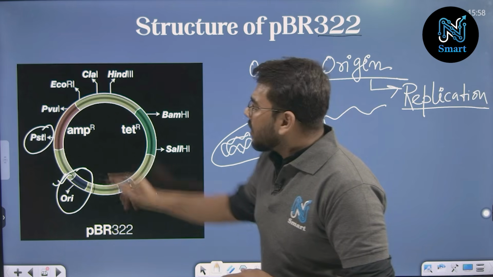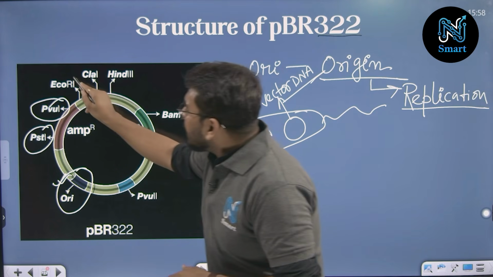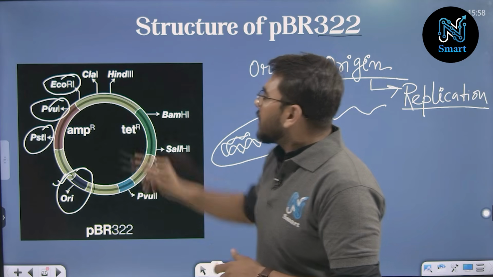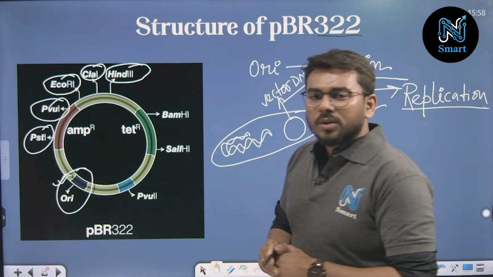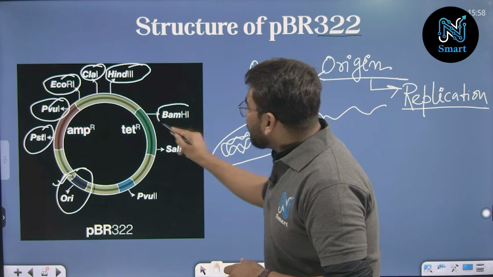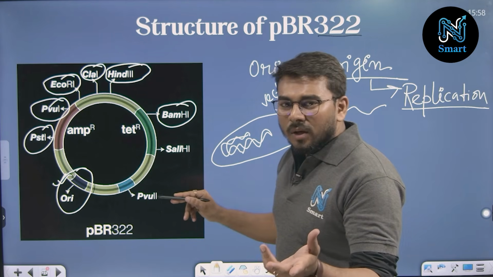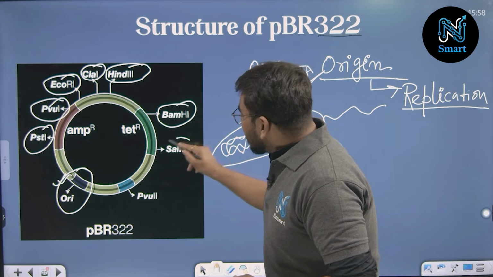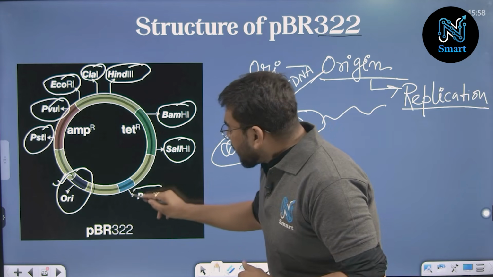Now the vector DNA has PST1, PVU1, E. coli, CLA1, HIND3, BAMH1 or BAM, you all know that one, SALH1, PVU2.